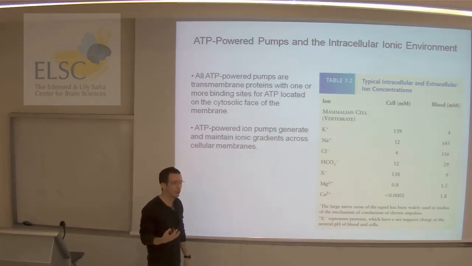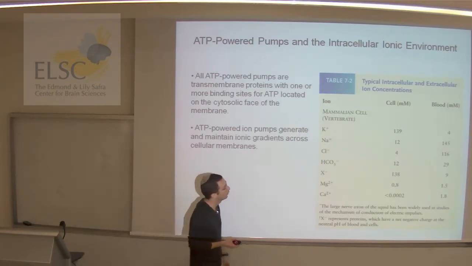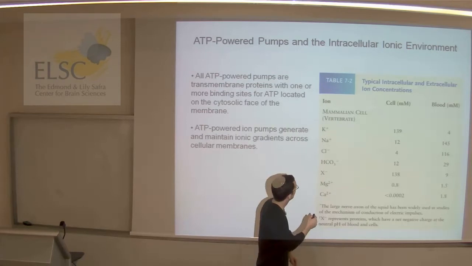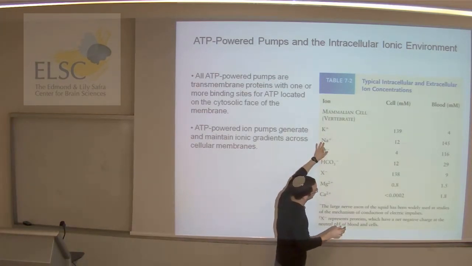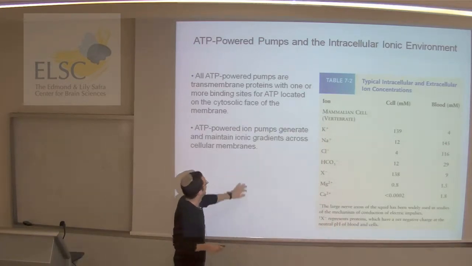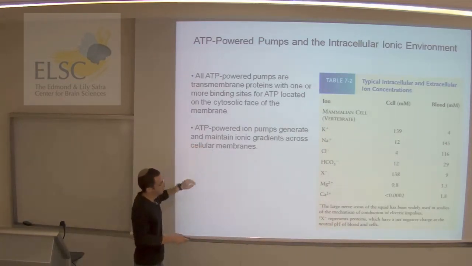So if we allow specific permeability for sodium, for instance, the driving force will be towards the inside of the cell, and vice versa for potassium. And these are exactly the ATP pumps that generate and maintain these gradients, which are so essential for all living cells and for the production of action potentials in neurons and so on.